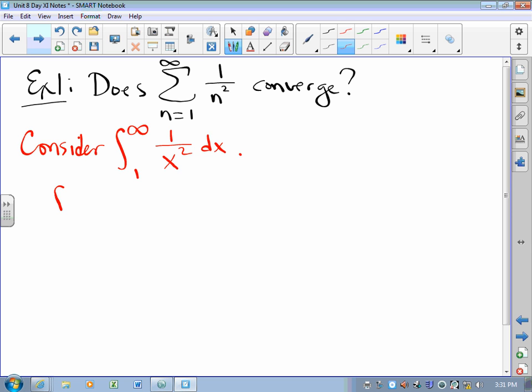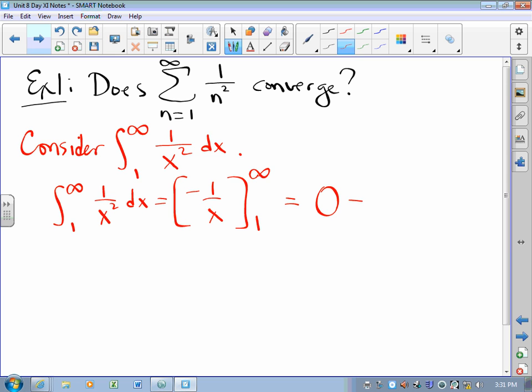So what is that integral? Well, I take some antiderivative, sub, and subtract. As x gets larger and larger without bound, the thing inside those brackets is 0, minus, at 1, I get negative 1. That's 1.